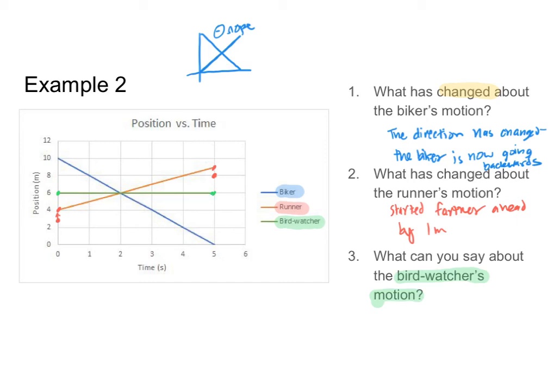So what we can say then is that the bird watcher is standing still. And I know this because my line is completely horizontal. So whenever you see a horizontal line, you're immediately going to think that person or that object is not moving. Their velocity is 0 and they are standing still. They're in the same spot.